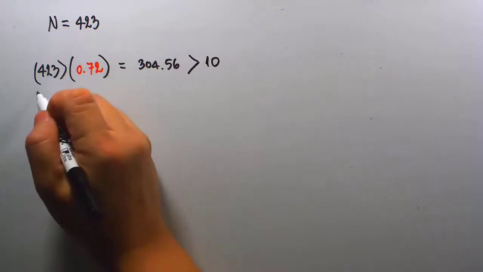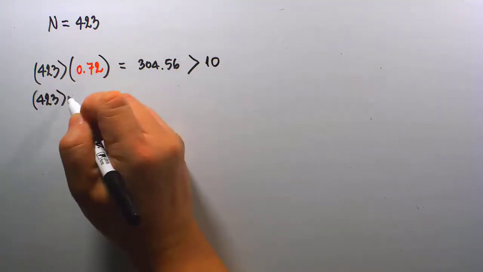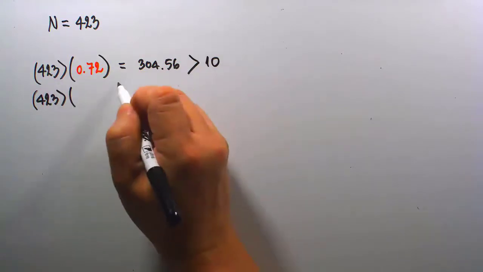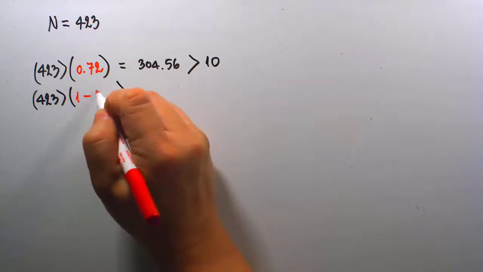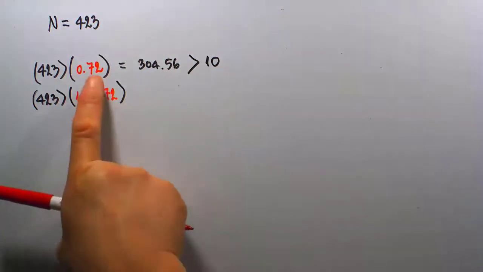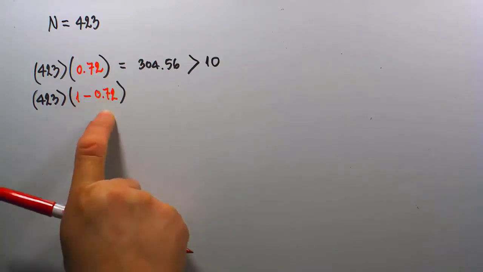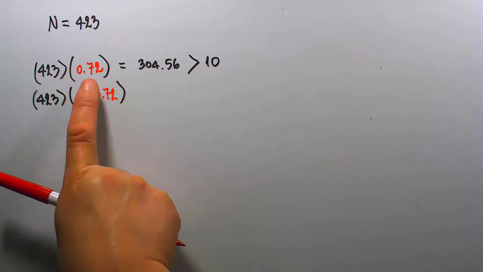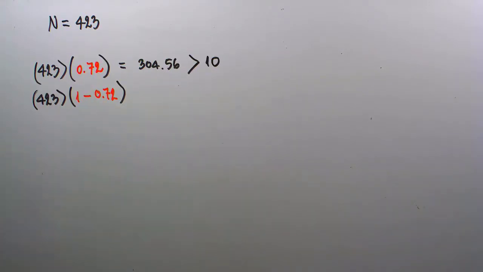And also, the sample size we're currently using is multiplied with 1 minus 0.72. I wrote the 0.72 in red ink here to simply indicate that currently this value is the value that we're only accepting as the truthful value for the population proportion of iPhone users.